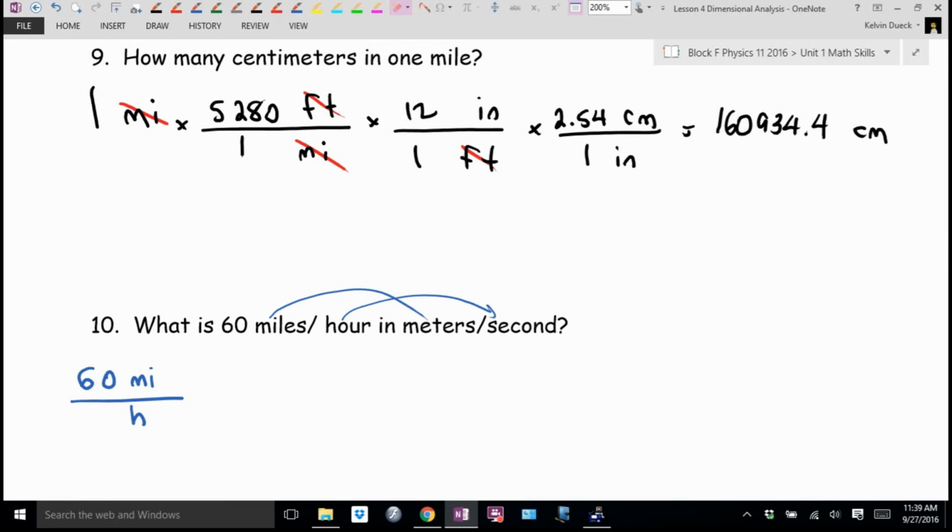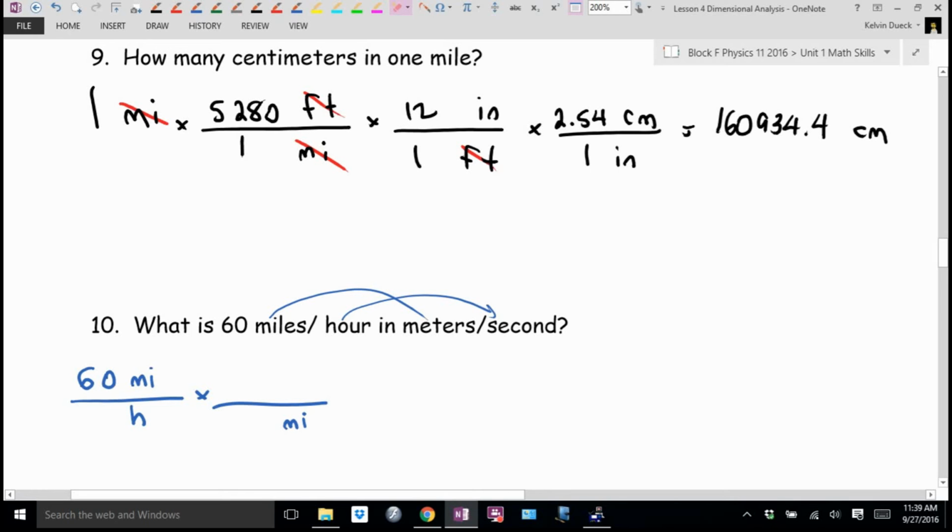Okay. So step 1. Where is the miles right now on the top? Where is it going to be in my next fraction? What can I convert miles to? Feet? Everyone look up. What can I convert miles to if I'm really clever? Going from centimeters to meters isn't going to be very tough.